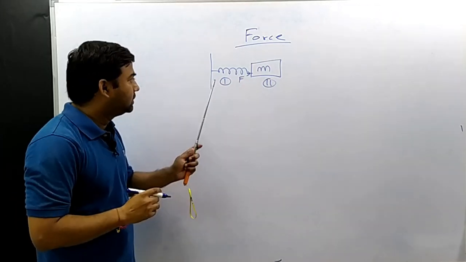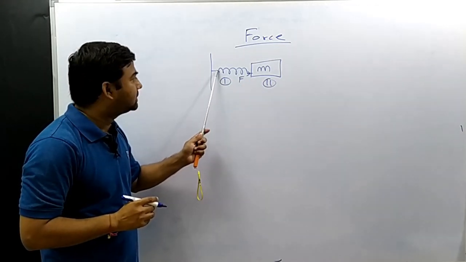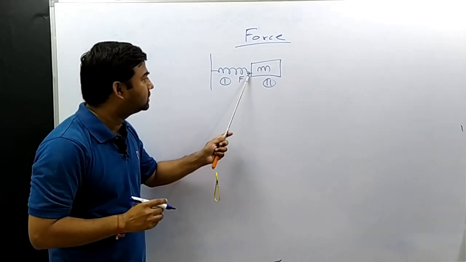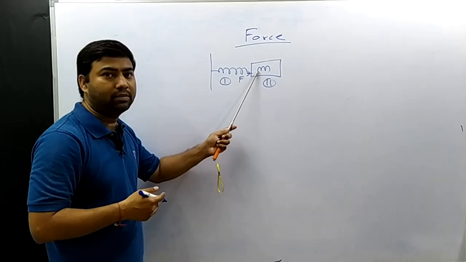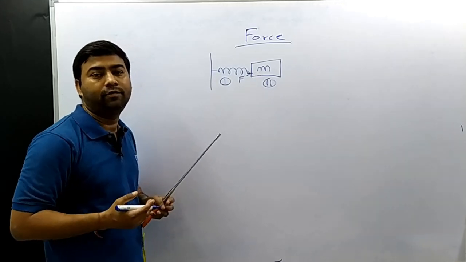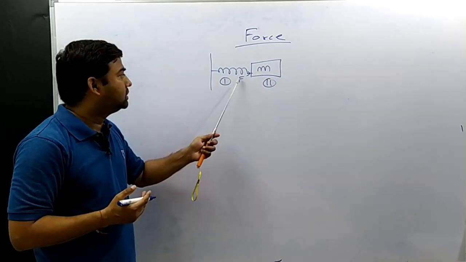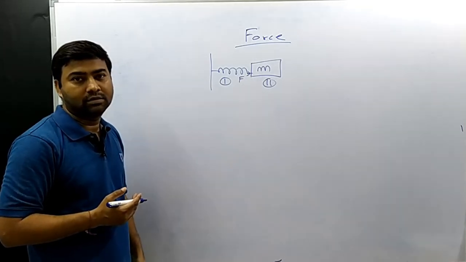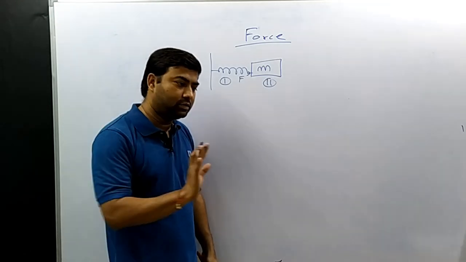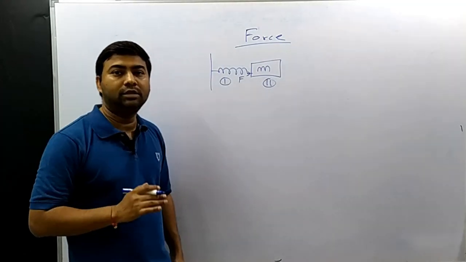The spring system is exerting a force, that is a push or pull, on system number 2, the block of mass m. This force is exerted by the spring on the mass. This is a push. This force is just pushing the block.